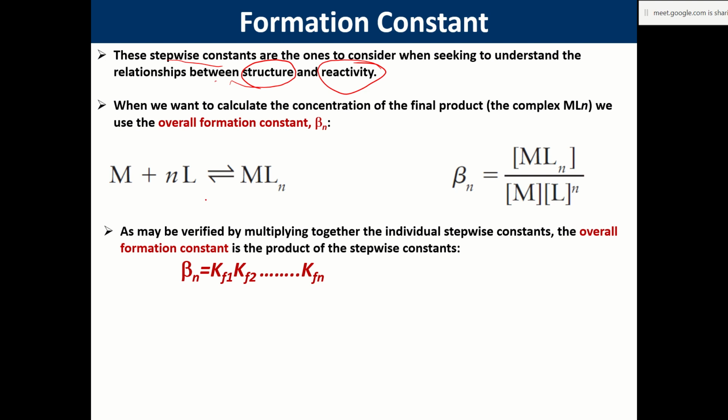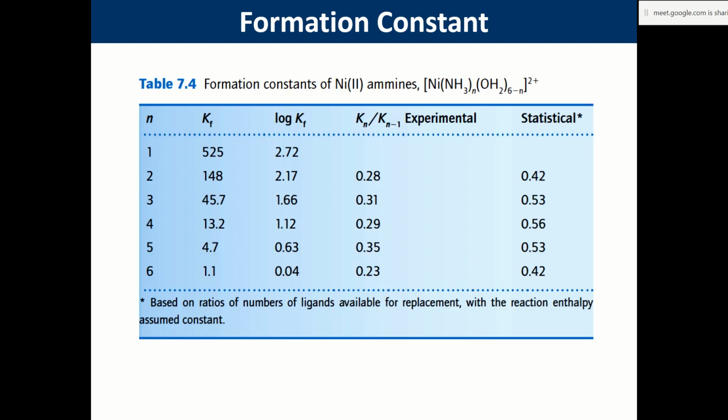So we have just discussed how we can relate the two things for overall formation constant. And this is an example where we are comparing the first step, ammonia getting combined with NiH2O6, starting with NiH2O6 plus NH3 as ligand, where all the 6 water molecules are going to be replaced in a stepwise manner.